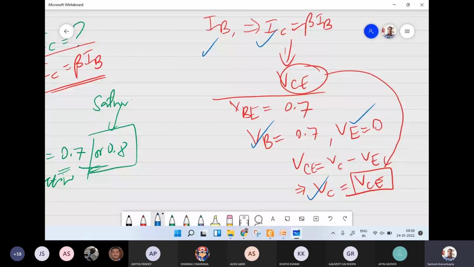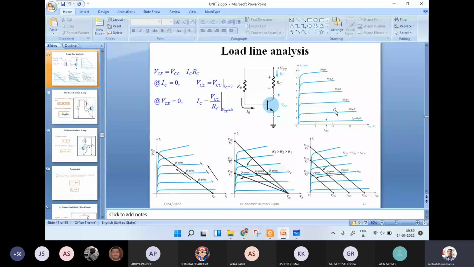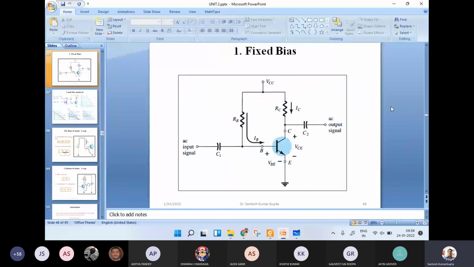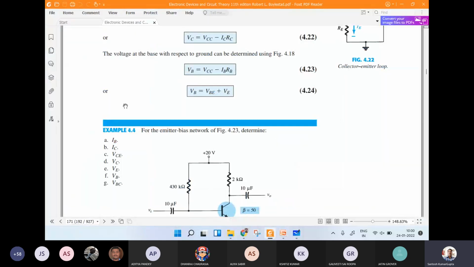Okay, so with this we stop here. We tried to first look at this fixed bias circuit today, and other circuit topologies we will look at in the coming lectures. Now based on today's discussion, you can solve some of the problems from the books. You can find a lot of questions in the Boylestad book.